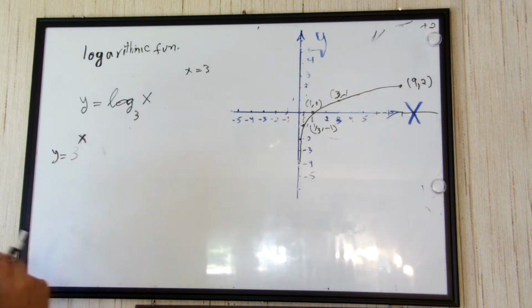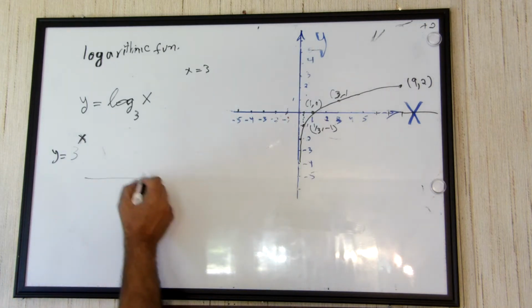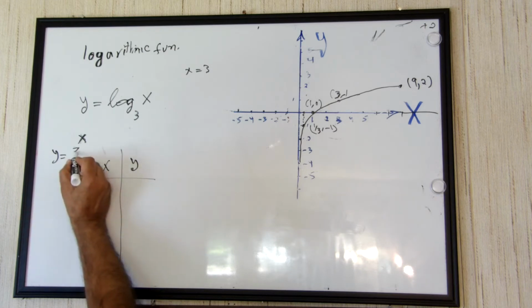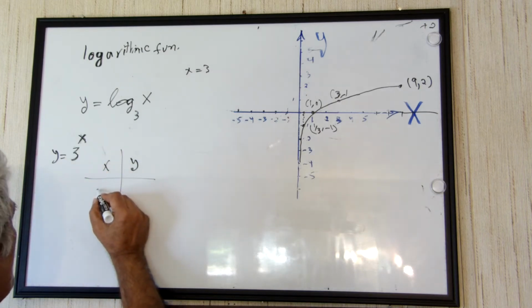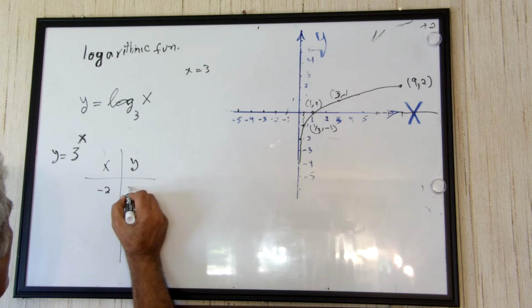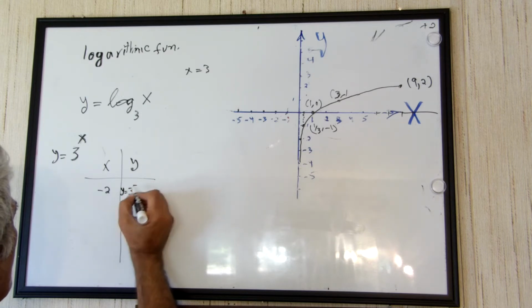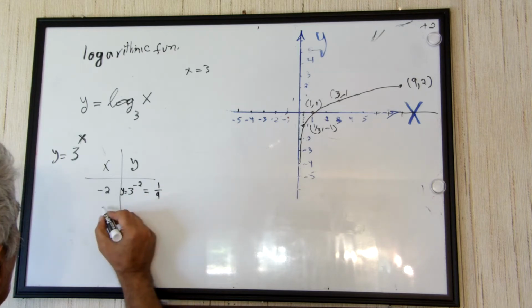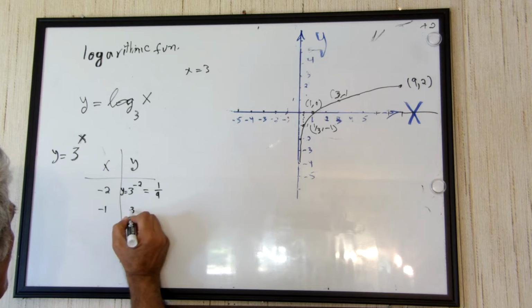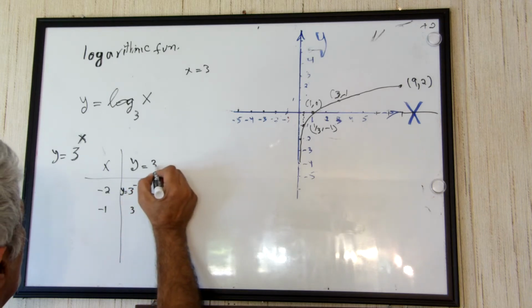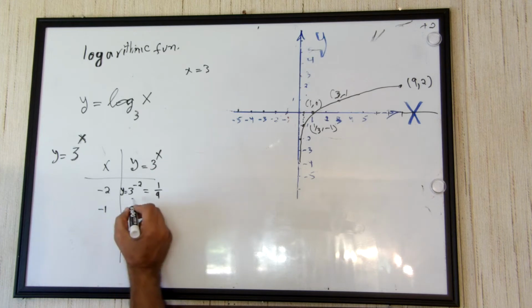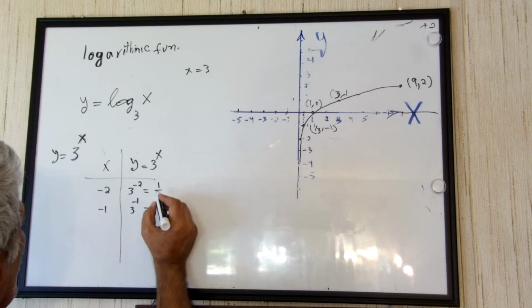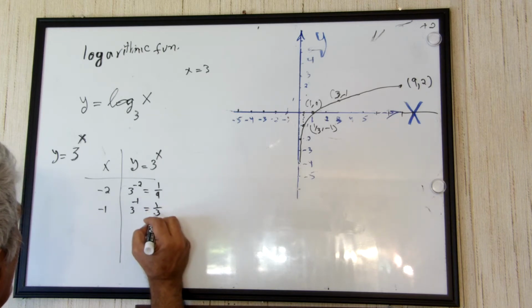Let's draw this one. We talked about it earlier, and we say x and y. We give a value to x, for example, minus 2. 3 to the power of minus 2 is going to be 1/9. Minus 1: this is 3 to the power of x, so 3 to the power of minus 1, y is 1/3.